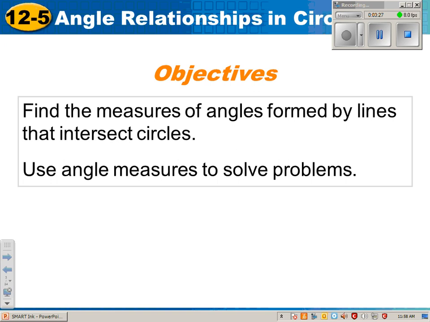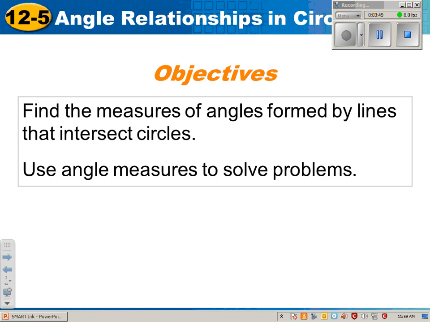And I want to find its measure. It's not a central angle, it's not an inscribed angle, so therefore it's going to have a different property. So we're going to be looking for measures of angles outside the circle, measures of angles inside the circle, but not at the center or inscribed. And that's why it's really important you understand central and inscribed before we learn these.